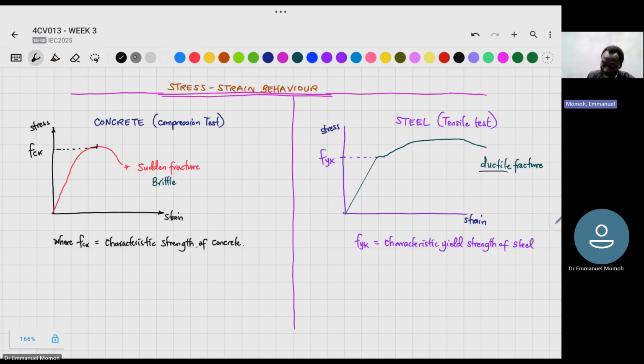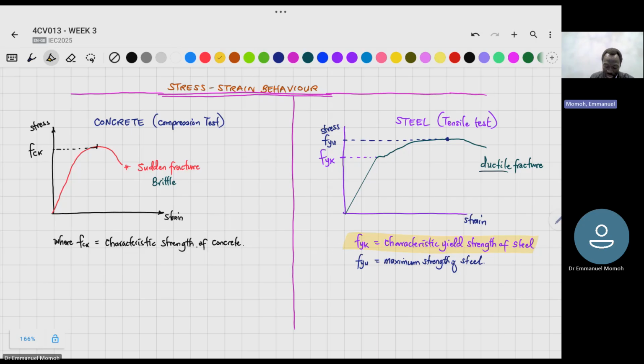Also, please note for steel, we have two types of strength. We have the maximum strength, which is the most maximum strength that the steel achieves, fyu, the maximum strength of the steel. But in design, we make use of only the characteristic yield strength.